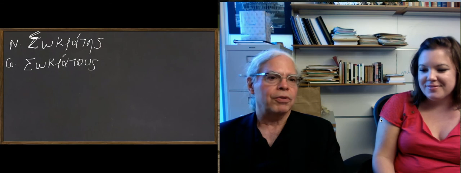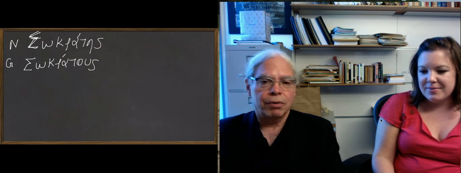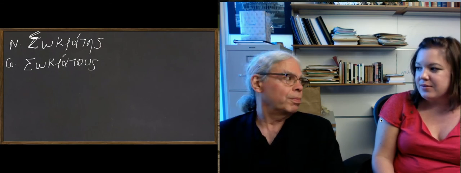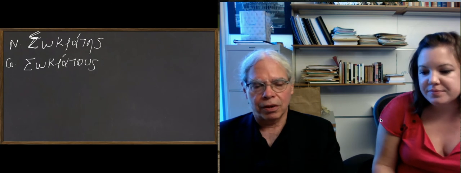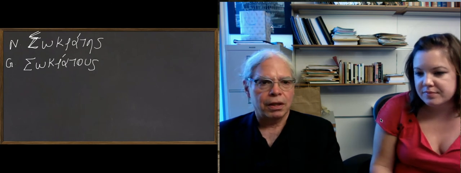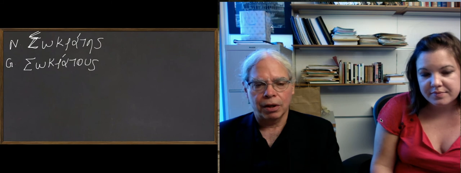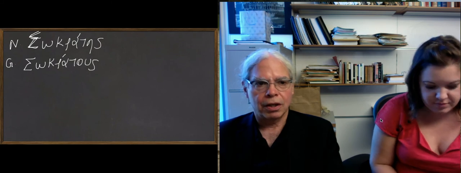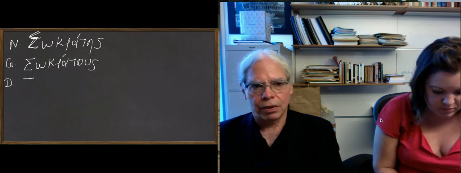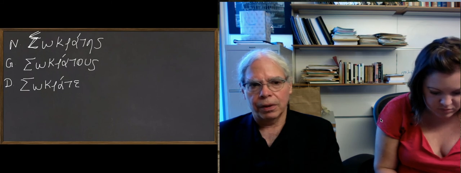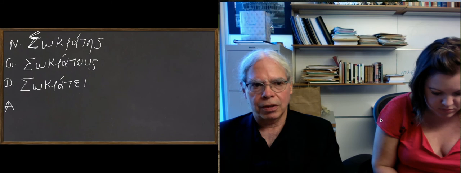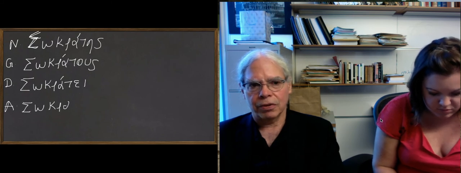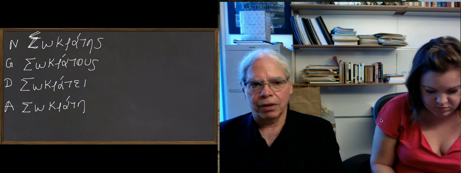So the genitive is stratiotou, and Euripides is Euripidou, and it's just like stratiotes. But Socrates is of this stem type, like genos, genous. The dative is Sokratei with an ei, and the accusative is Sokrate with an eta, from Sokratesa, the s disappearing and the epsilon and the alpha contracting into an eta.